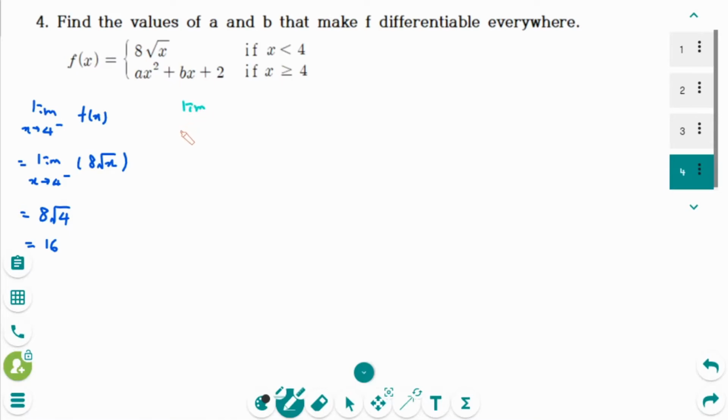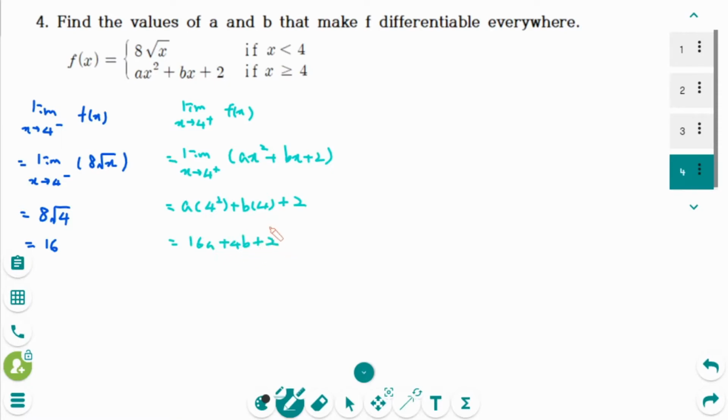The limit as x approaches 4 from the right side of f of x, now f of x is ax squared plus bx plus 2, equals, then put 4 into x, a times 4 squared plus b times 4 plus 2, which is 16a plus 4b plus 2.